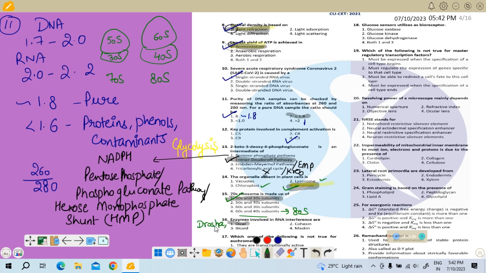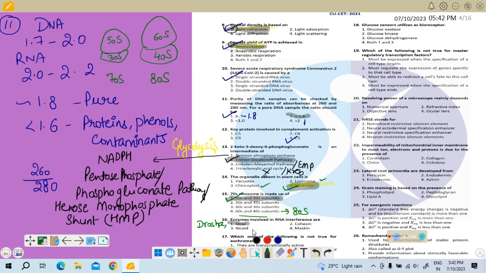Dicer is basically an RNase III enzyme. Now cohesin is related to chromosomes, right? Maskin is a rare term, we don't use it mostly.